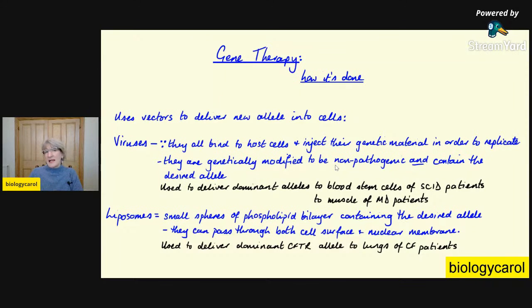Now, interestingly, for cystic fibrosis patients, the lining of our trachea and our bronchioles is replaced about every 2 weeks, just by the way that those cells naturally replicate. And as a result, the gene therapy also has to be repeated every couple of weeks or so, because of course, the cells are being reproduced.